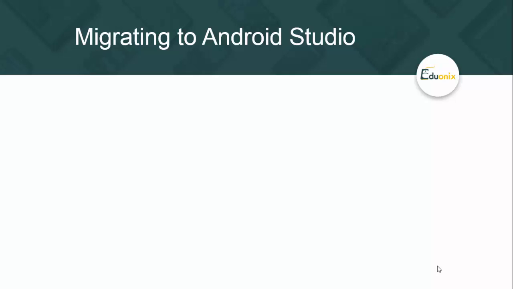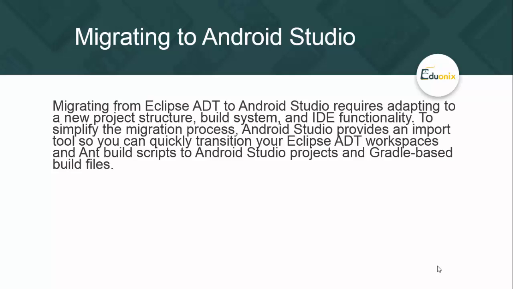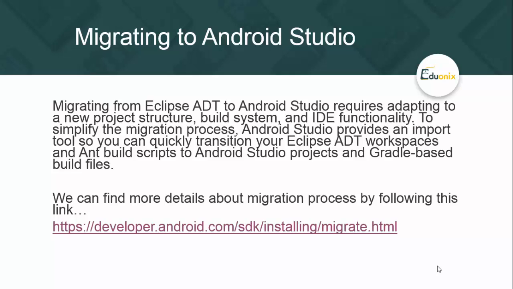Migrating from Eclipse ADT to Android Studio requires adapting to a new project structure, building system, and IDE functionality. To simplify the migration process, Android Studio provides an import tool so you can quickly transition your Eclipse ADT workspaces and ANT build scripts to Android Studio projects and Gradle-based build files. You can find more details about the migration process here.